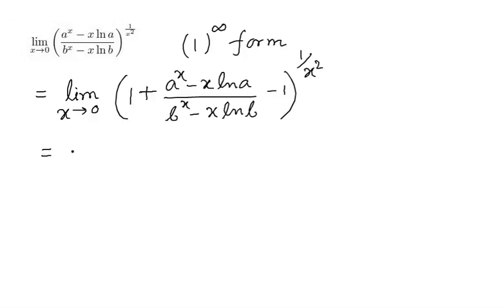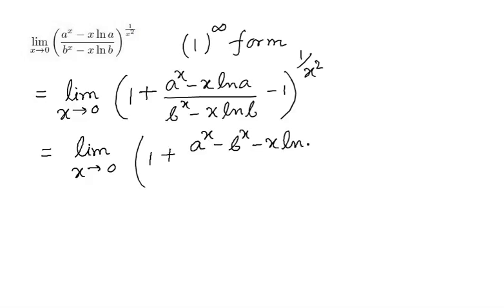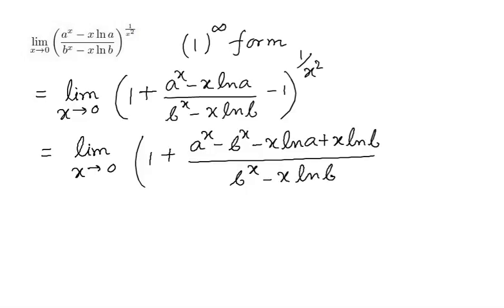So it is becoming limit x tends to 0, (1 plus (a to the power x minus b to the power x minus x ln a plus x ln b) divided by (b to the power x minus x ln b)) to the power 1 by x square.